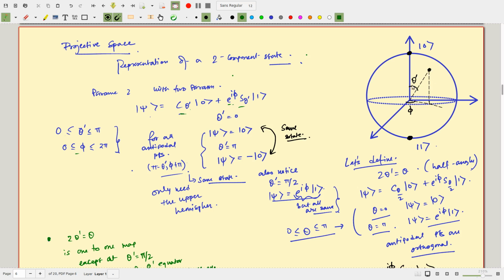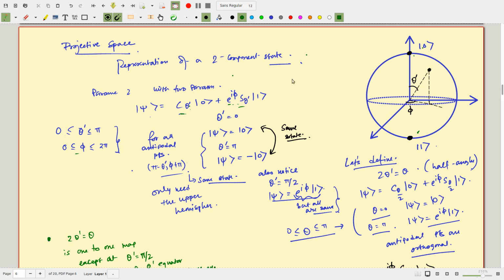That means the state is represented by these two angles, theta prime and phi. When theta prime goes from 0 to pi, it goes from here to here, and phi goes from 0 to 2 pi, going around here, and that spans the entire sphere. But we also notice that this representation is not one to one. If I say this point is 0, that means theta is 0, so that part is vanishing.